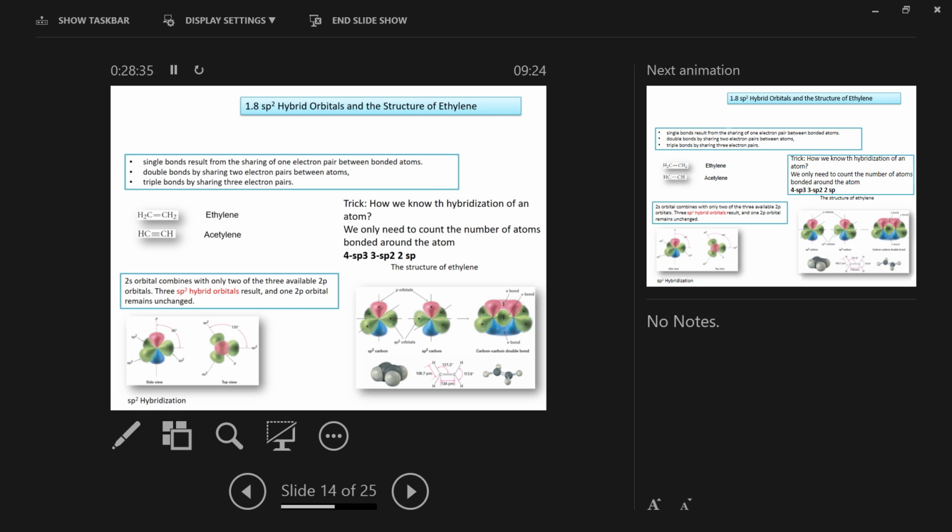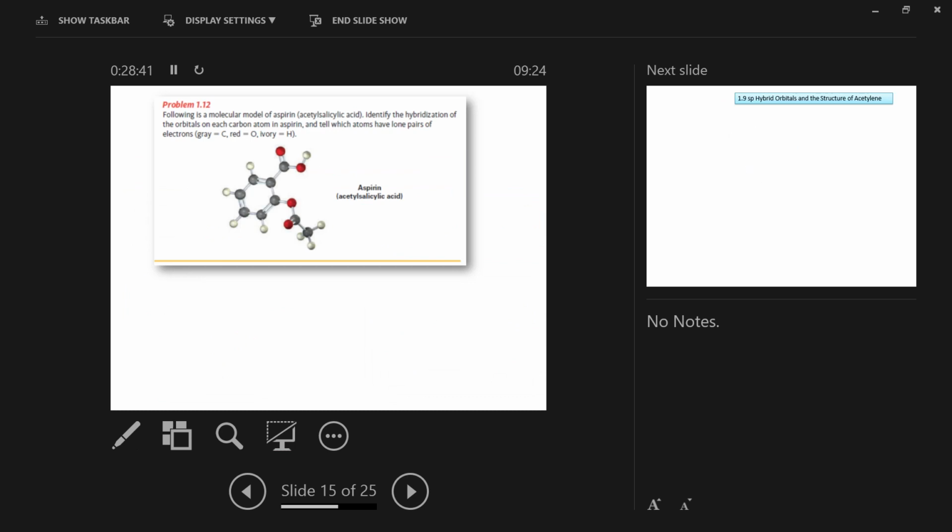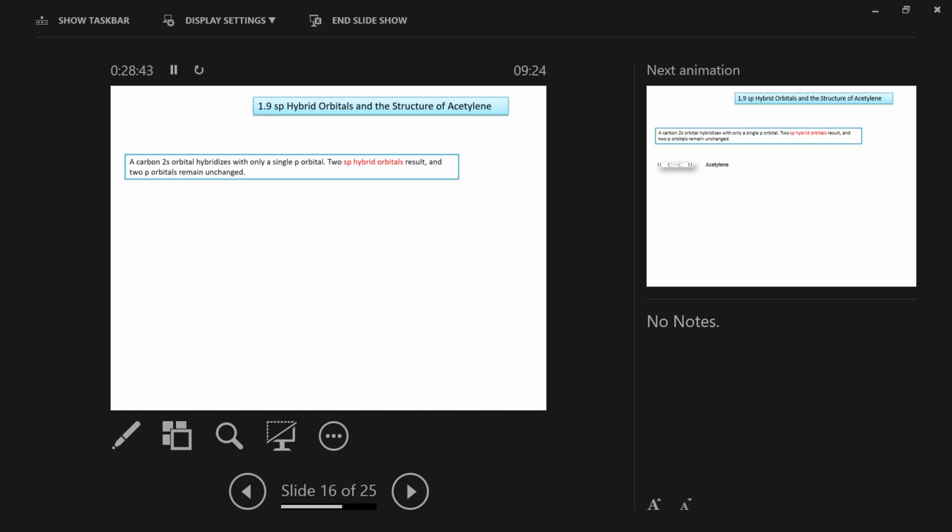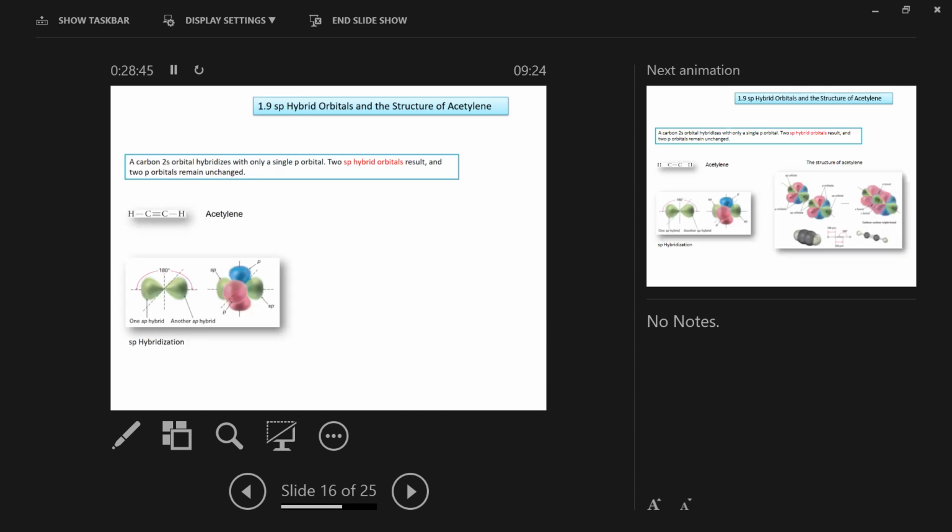What happens in the case of the sp? Well, in the case of sp, the angle will be 180. Here you can see the drawing with the hybridized sp orbitals, plus the pz and the py that remain intact.